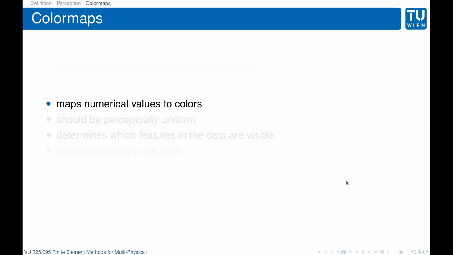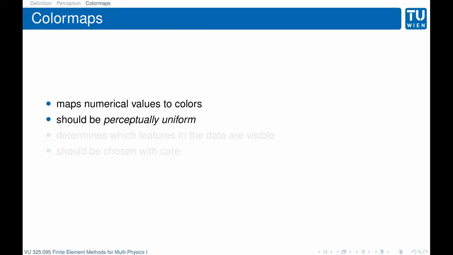So what are color maps now? That's what we usually use as a tool. A color map simply maps numerical values to colors, because we need to interpret numerical values from the colors that we use for the visualization. And therefore, this color map should be perceptually uniform.